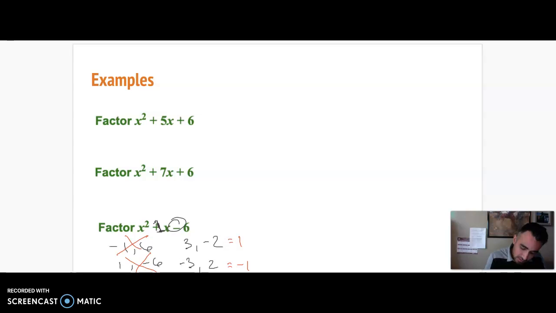But we need a positive 1, so this one's not going to help us. So this one looks like our best bet. Let's see if it works. So we have x plus a number, x minus a number, because we have 3 and negative 2. So x plus 3, x minus 2.